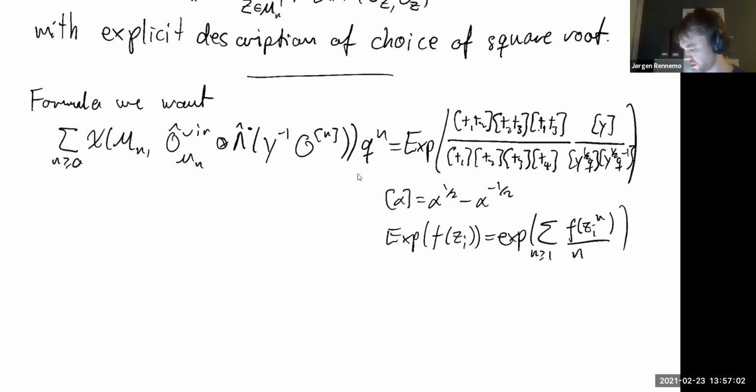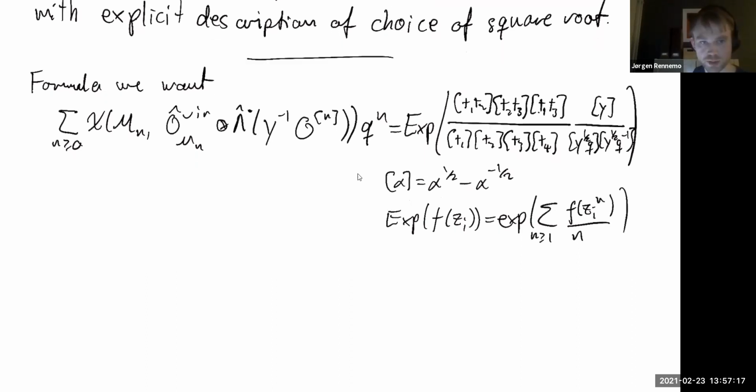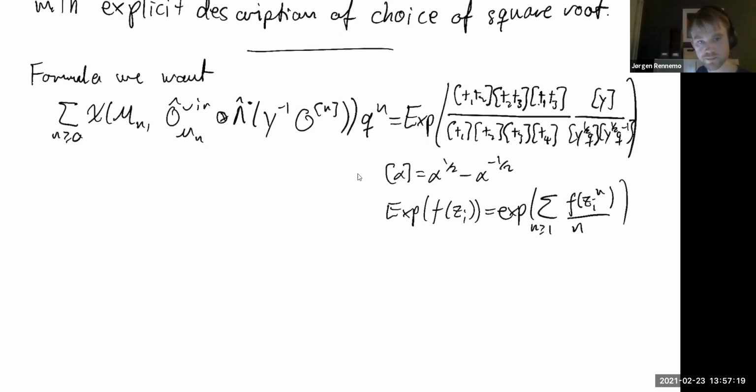Okay, so here you have a rational function, and you apply this formal operation to it, and this formal operation is meant to capture taking the infinite symmetric product of some representation of a vector space.